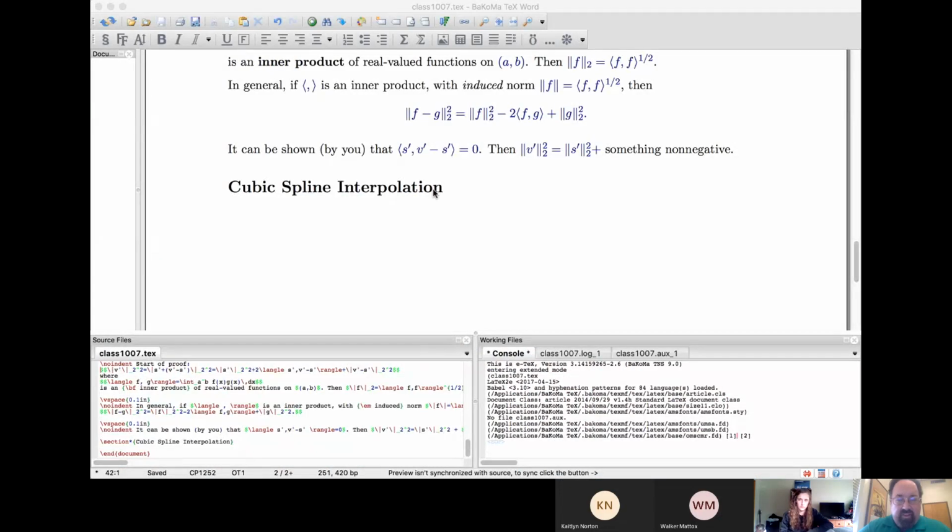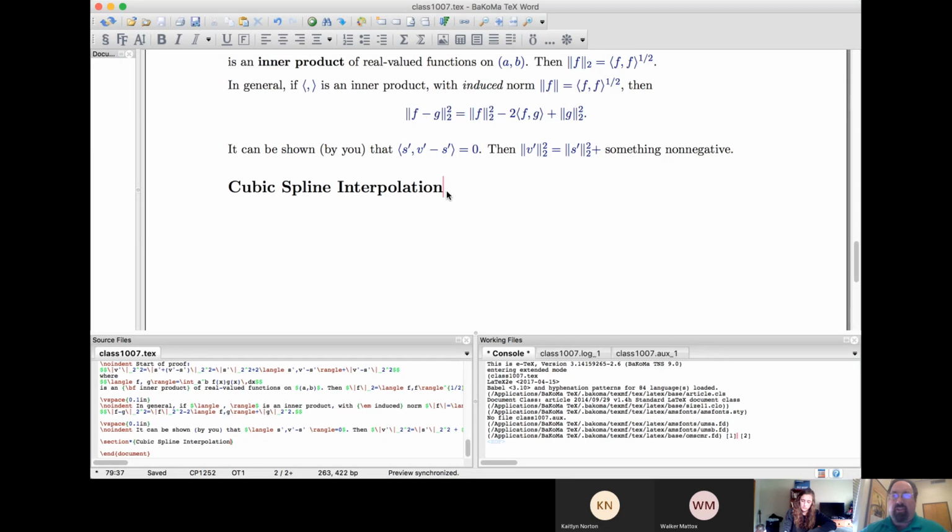So I will continue with splines. Okay. Last time we were dealing with linear splines, so a piecewise linear function that matches a function f at given points.